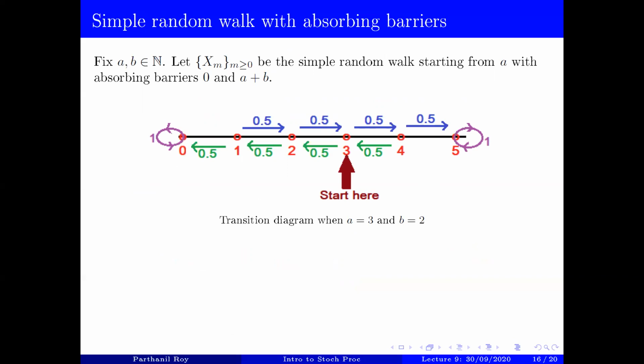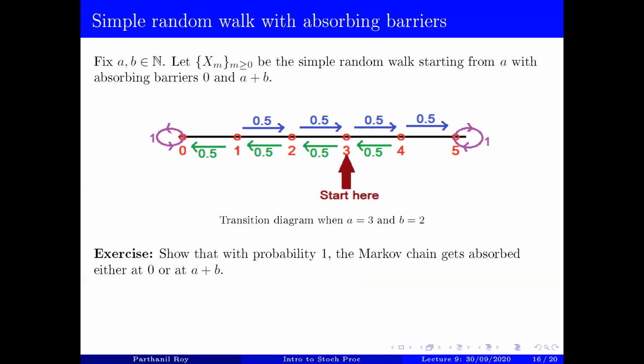Now, here is an exercise for you. Show that with probability 1, the Markov chain gets absorbed either at 0 or at A plus B. This does need some work, in the sense that starting from 3, you may just go on oscillating between 1 and 4 throughout your life and never reach 0 or 5.